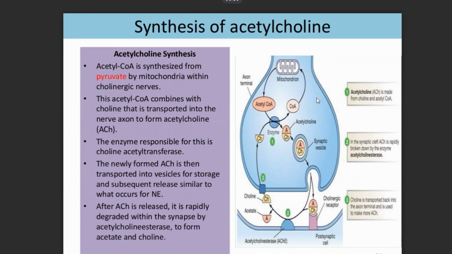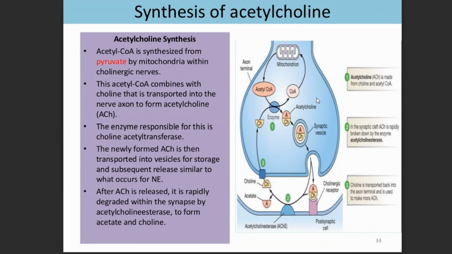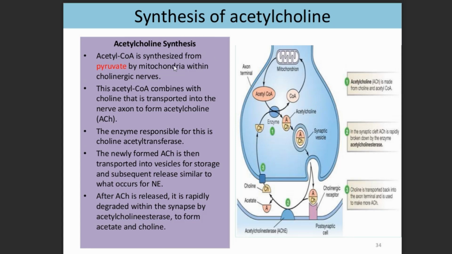So how is acetylcholine made inside the presynaptic neuron? First of all, we obtain acetyl-CoA from the mitochondria.